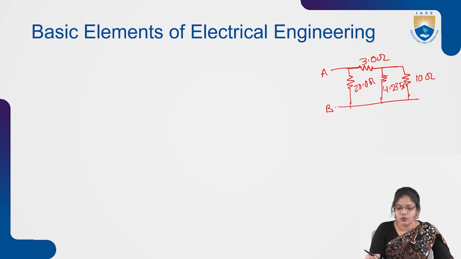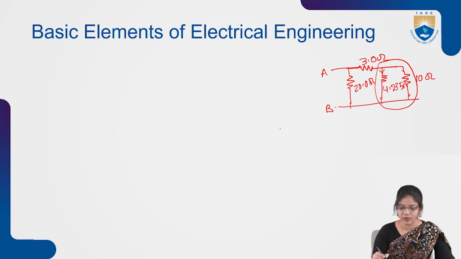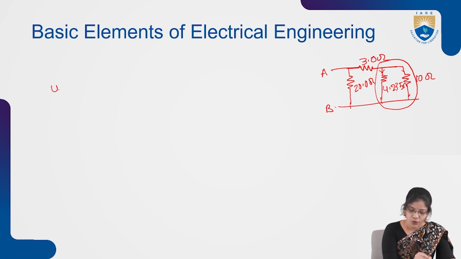Now we have to reduce these two parallel combinations, as the current is dividing here. These two are said to be in parallel. Again we multiply these two resistances: 4.235 into 10 by 4.235 plus 10.